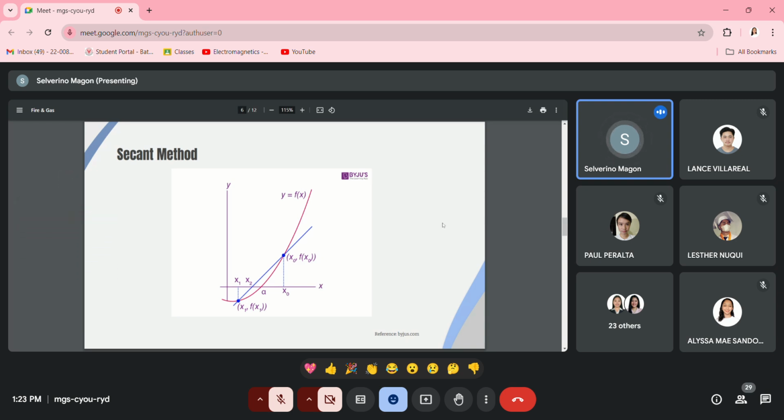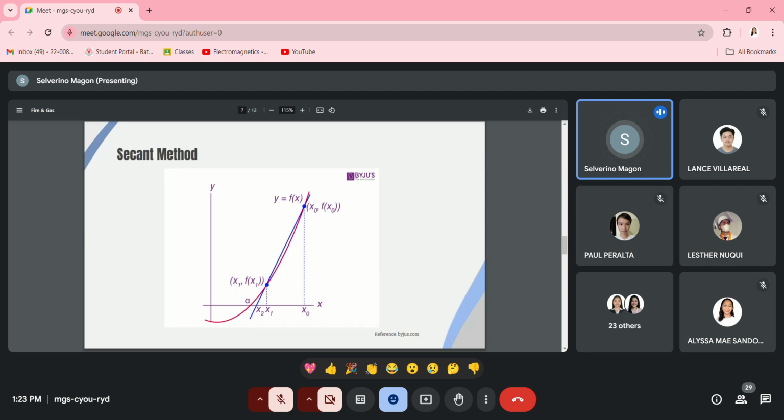Okay, but in this particular example, you can notice that like in the previous problems where we had the bracketing methods, the solution is contained in the initial interval. Now again, as I've mentioned, the secant method is one of the open methods, so we are not necessarily confined to work under such conditions.